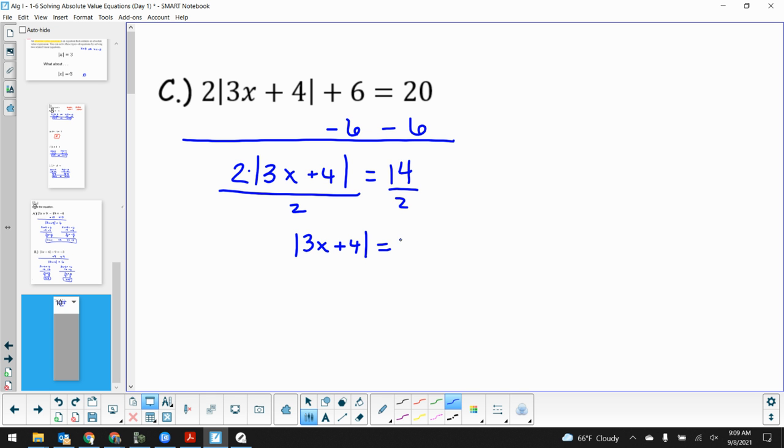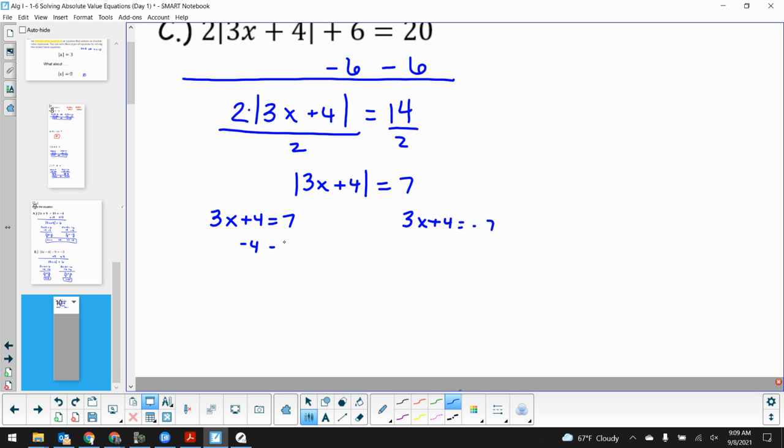Now, I'm ready to set up my two equations. Only now. Don't try to do it early. Your absolute value must be alone before you set up your two equations. So this is 3x plus 4 is equal to 7, or 3x plus 4 is equal to negative 7.